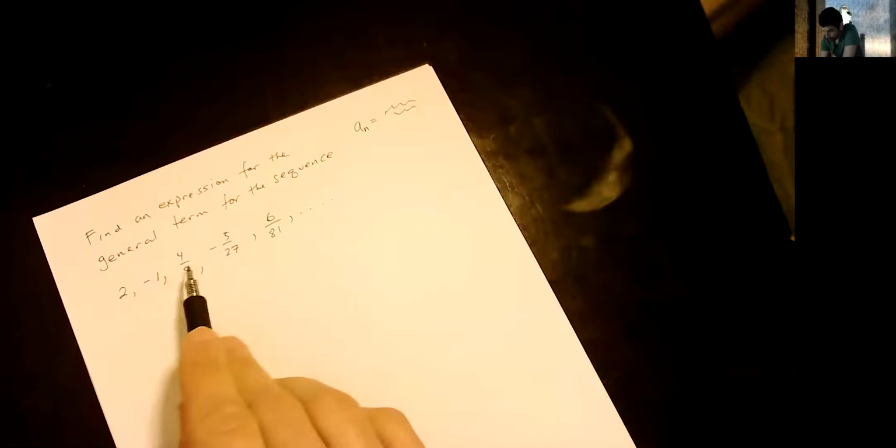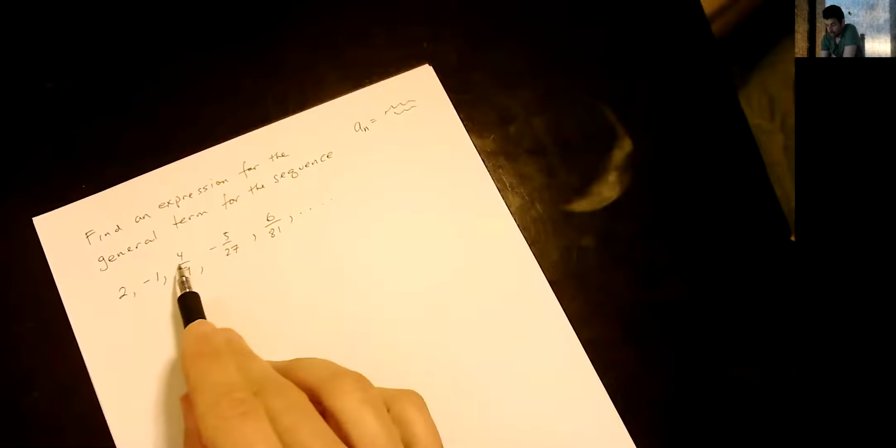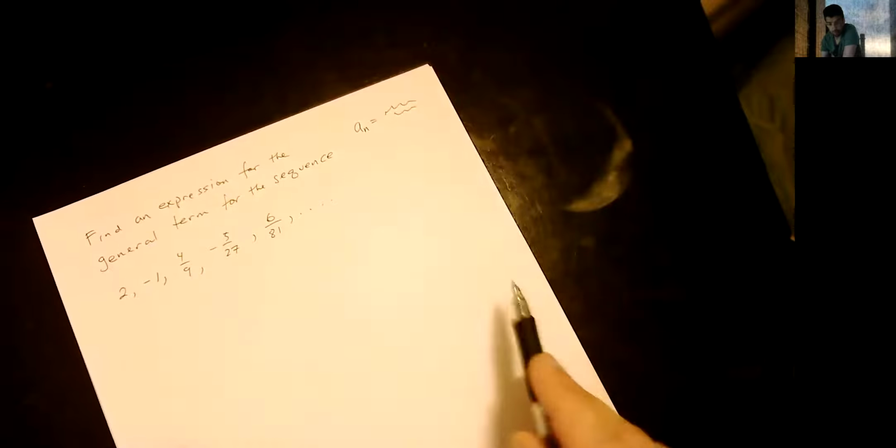So now I'm looking at the terms. There's something strange going on, right? If I ignore the first two terms, I see that the numerator here is 4, then 5, then 6, which is a pretty obvious pattern.